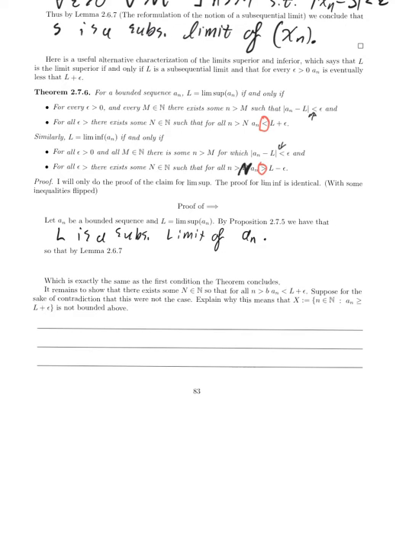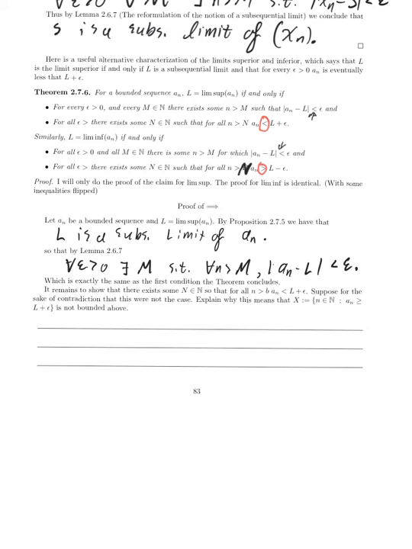So by this reformulation of subsequential limits, it must be that for every epsilon bigger than 0, there exists a big M, such that for every little n bigger than big M, the absolute value of a sub n minus L is less than epsilon. That's exactly the first condition of the theorem. So the first condition of the theorem follows.